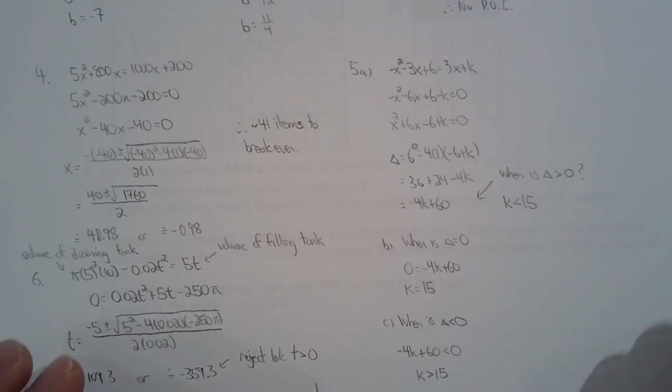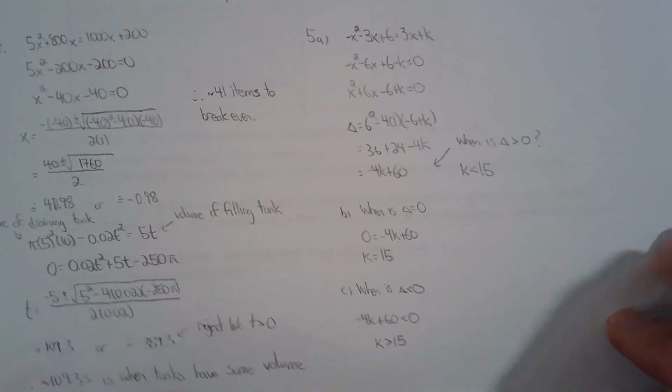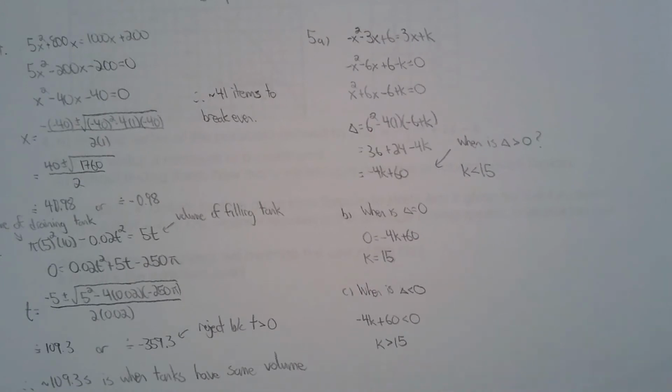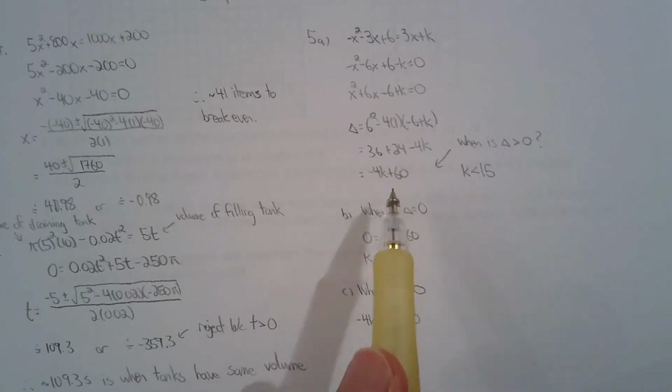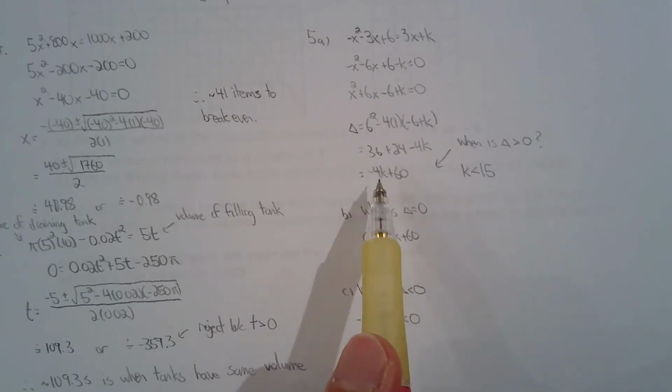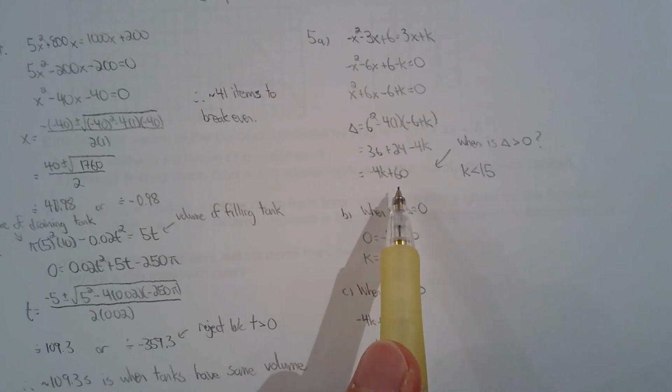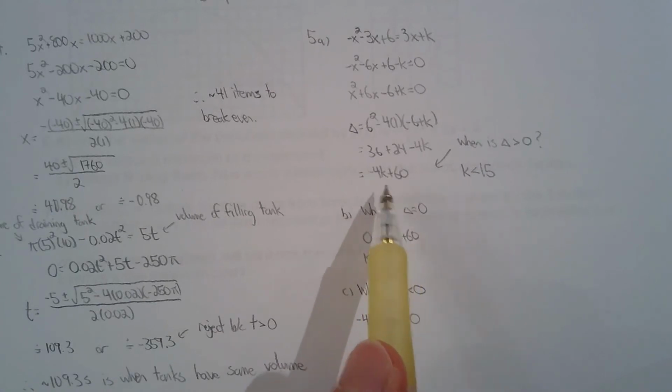All right, so number 5, very common question. They're asking you, for what values of k will there be 2 solutions, 1 solution, and no solutions? So you have to work with the discriminant. Now this one's a little harder to understand. So the discriminant, if you simplify it, you'll get negative 4k plus 60.